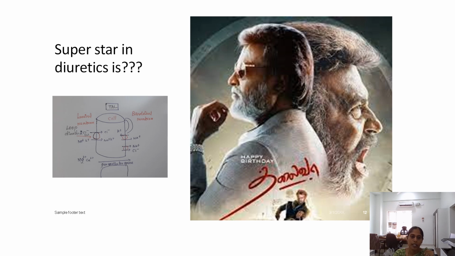So what transporters are present in the TAL, that is the thick ascending limb, and in the proximal convoluted tubule? You should remember that. So see this image repeatedly so that you can easily remember the mechanism, and ultimately we can easily write the side effects too, because the majority of the diuretics cause electrolyte loss.